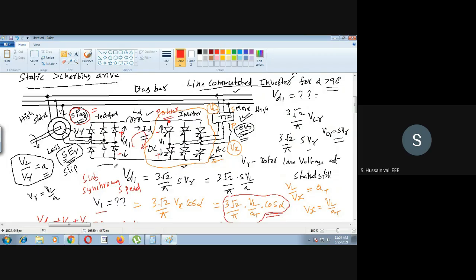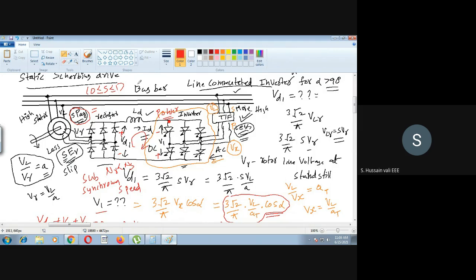Okay, so sub-synchronous speed in the sense NR is less than NS. So if NR is less than NS, the slip is always S less than 1. So the slip is always in between 0 and 1. Okay, if NR is always less than NS, definitely the slip is between 0 and 1.